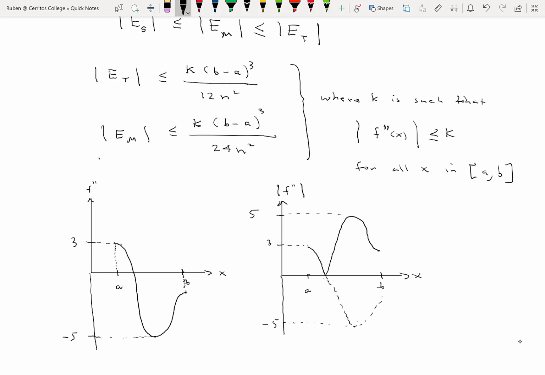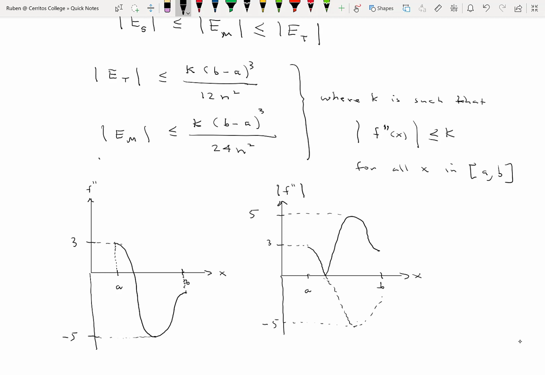So again, take a quick look at the function on the lower left. If that's the second derivative, now the function right next to it that I've graphed is the absolute value of the second derivative. What does the absolute value do to the negative parts of a graph?